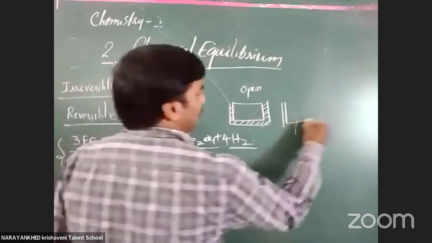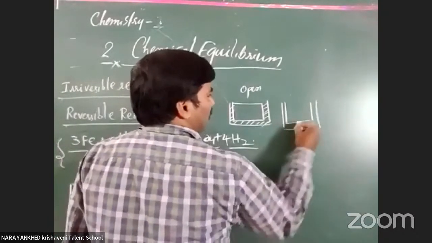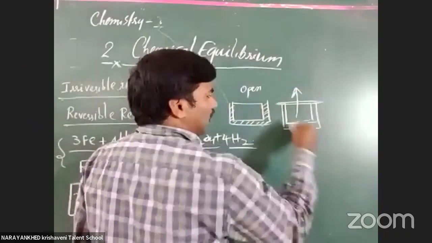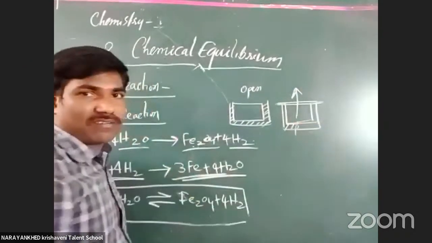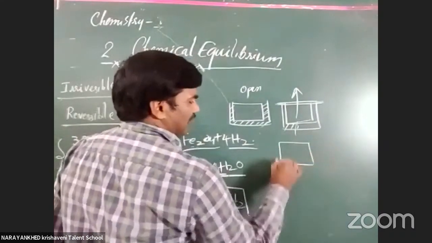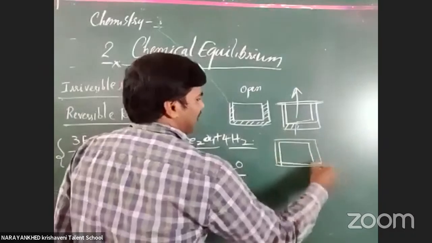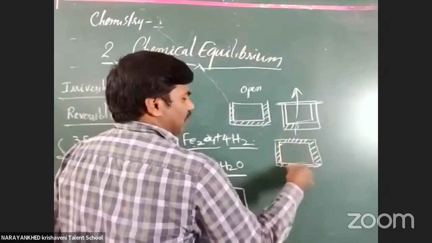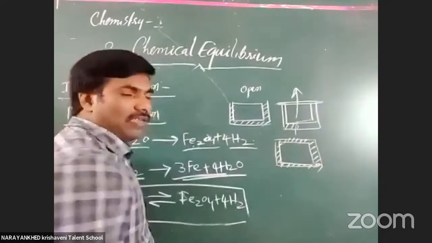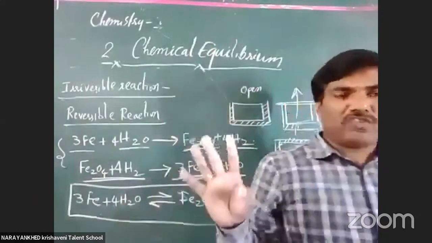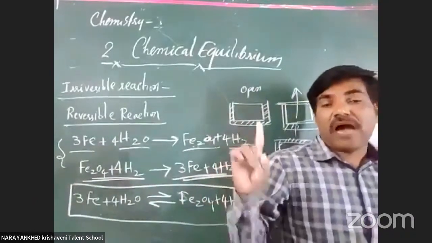In a closed system, substances are not exchanged with the surroundings, only energy is exchanged. In an isolated system, nothing is exchanged with the surroundings. Clear or not? These are the three types of systems: open system, closed system, isolated system.